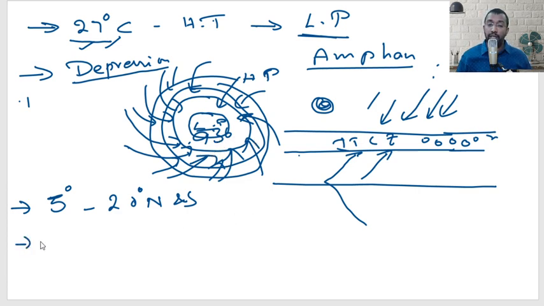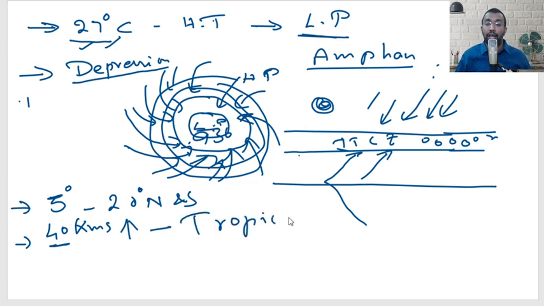And now moving further, if the speed of the winds close to the region of the low pressure system is seen to be above 40 kilometers per hour, now you consider it a tropical cyclone.